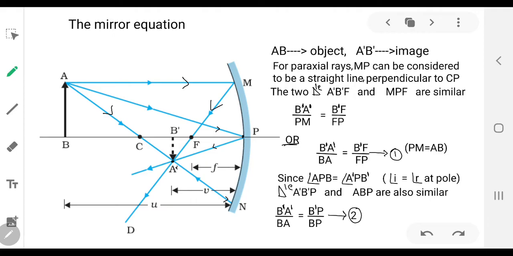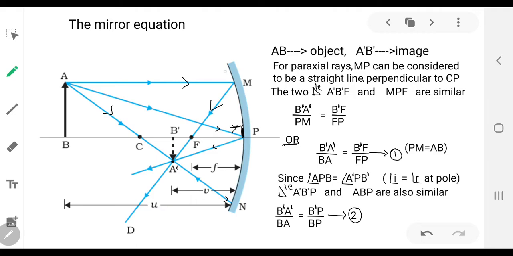So coming to the derivation. Here AB is the object, A dash B dash is the image. Now for paraxial rays, again we have to approximate here. Paraxial means very close to the principal axis. AM we are taking very close to the principal axis, so this distance is very small.